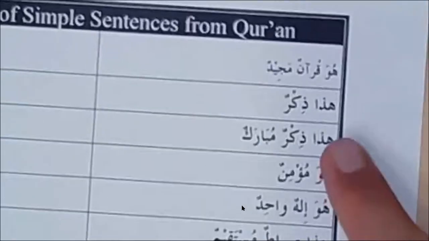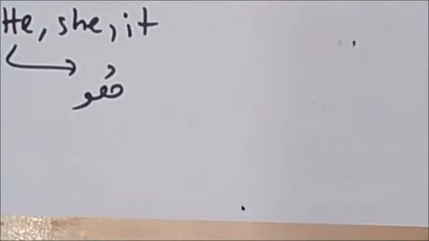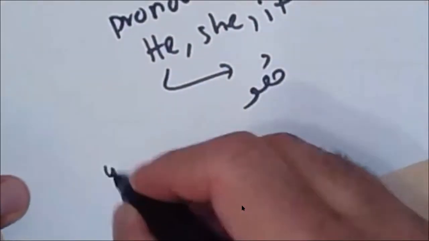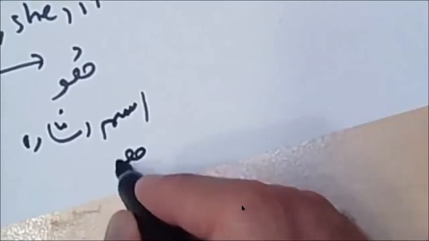Okay. Now the next category we talked about, remember we said another category of the capacity was the ism ishara. And ishara was haza. What does haza mean? Alladhi?